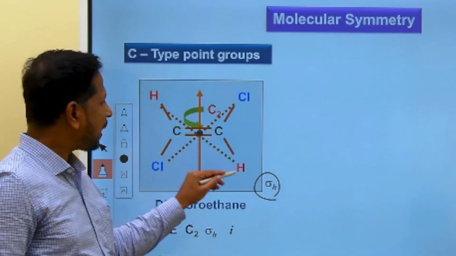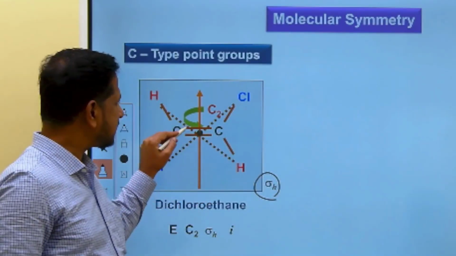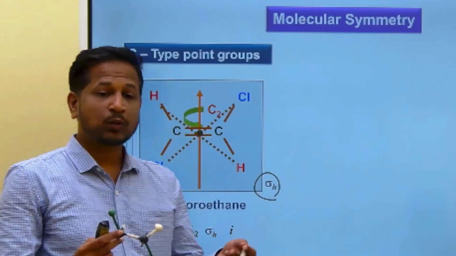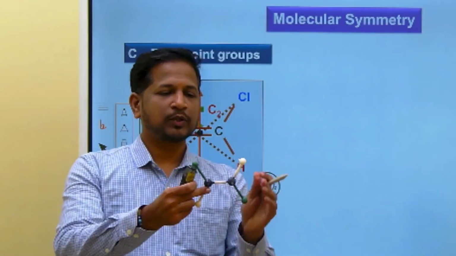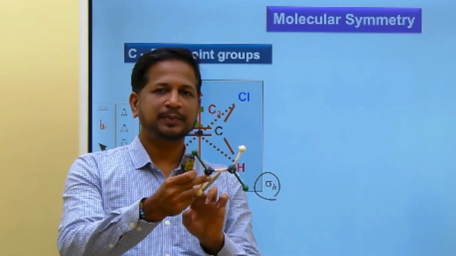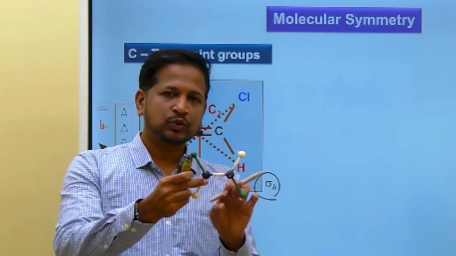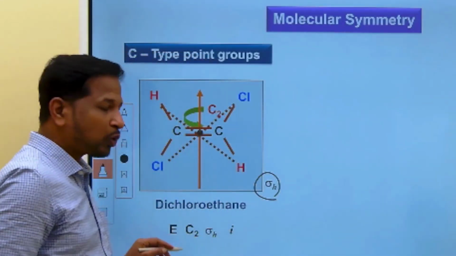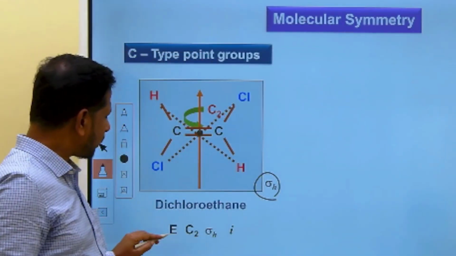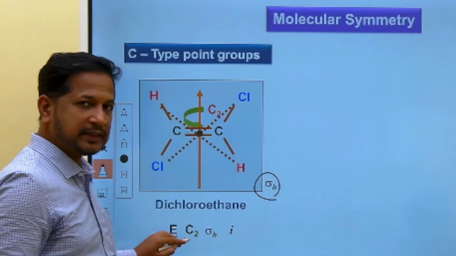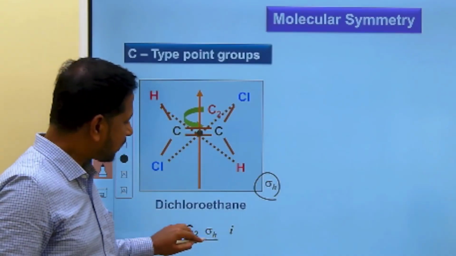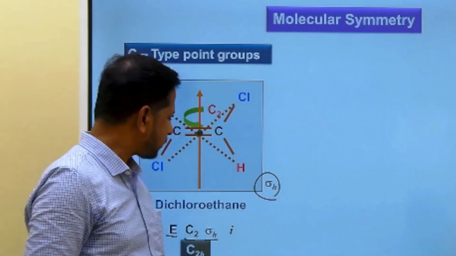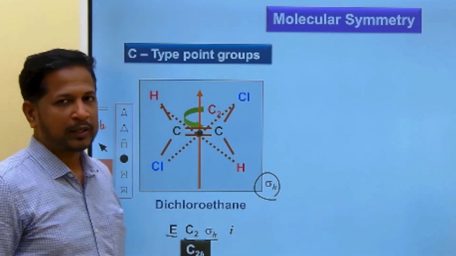There are the same types of atoms present in this molecule on the opposite side at equal distance. If you see this molecule, these two are the same elements present on the opposite side. These two are also the same on the opposite side at equal distance. So the total symmetry elements present in this molecule are the identity element, C2 rotational axis, and horizontal plane. Therefore, the point group of this molecule is the C2H point group.